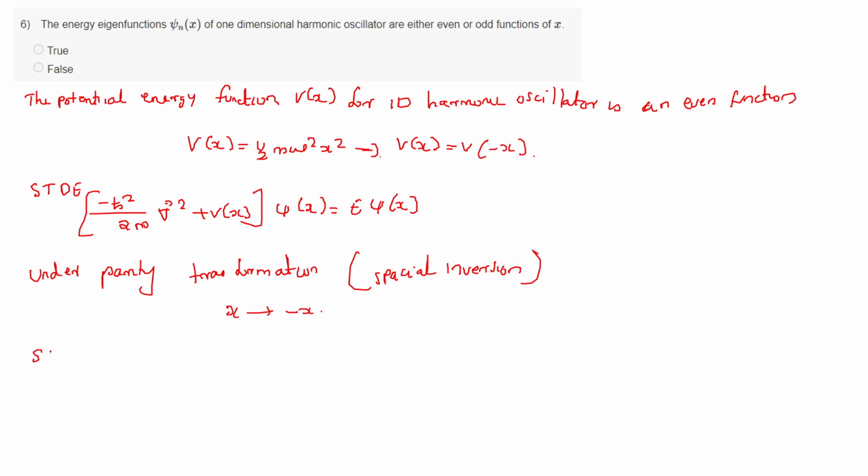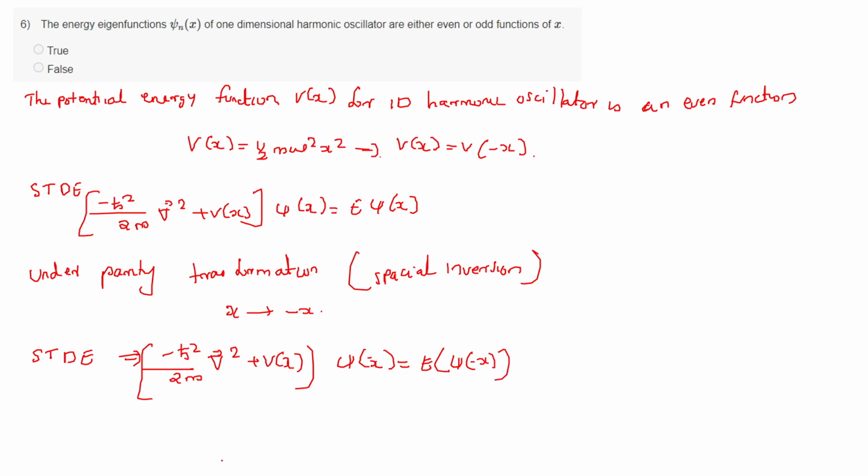Then our Schrodinger equation becomes minus h cross square divided by 2m del square plus V of x into psi of minus x, that is equal to E psi of minus x. Okay, here also we have to give the minus x, but we know that V of minus x is equal to V of x, so I have given V of x.